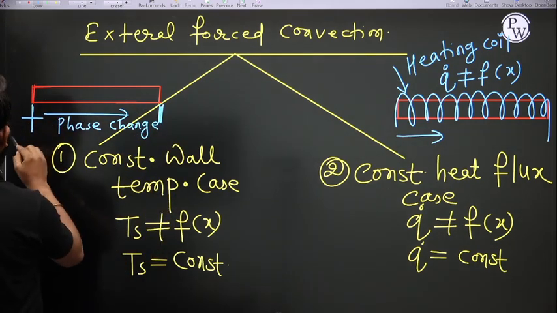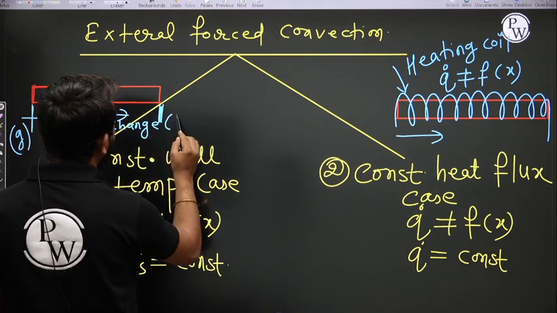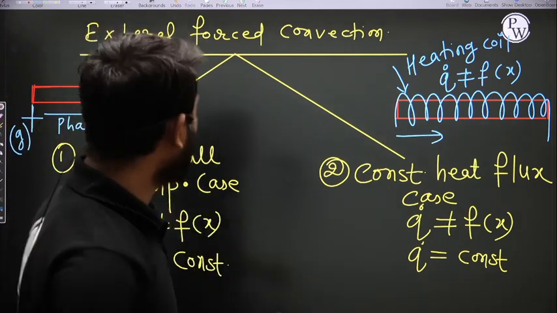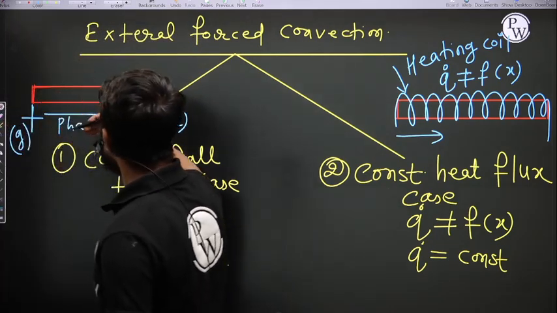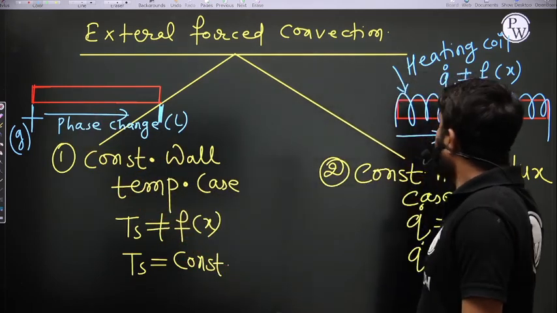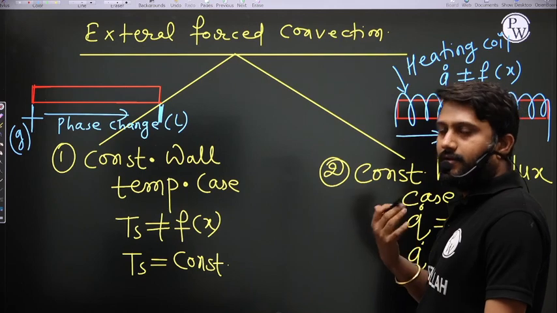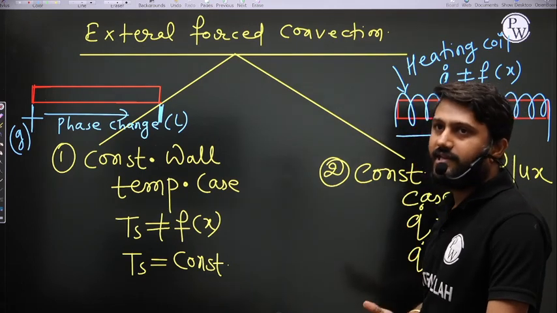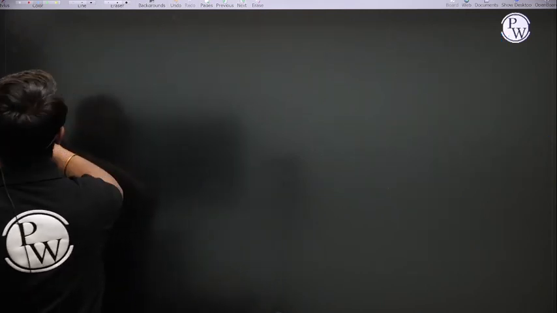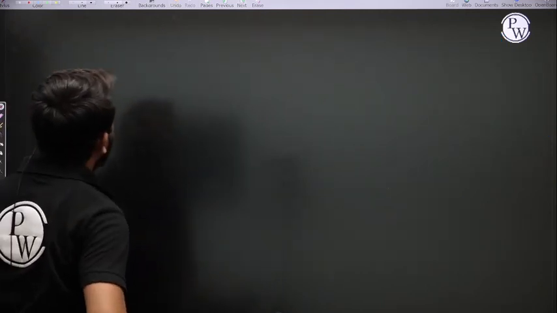Let us assume here is the gaseous vapor phase, and this side is liquid, and vice versa. So if phase change is there, the wall temperature is maintained constant. If a heating coil is wrapped like this, then the wall is at the constant heat flux condition. Okay, so first discuss the constant wall temperature case.